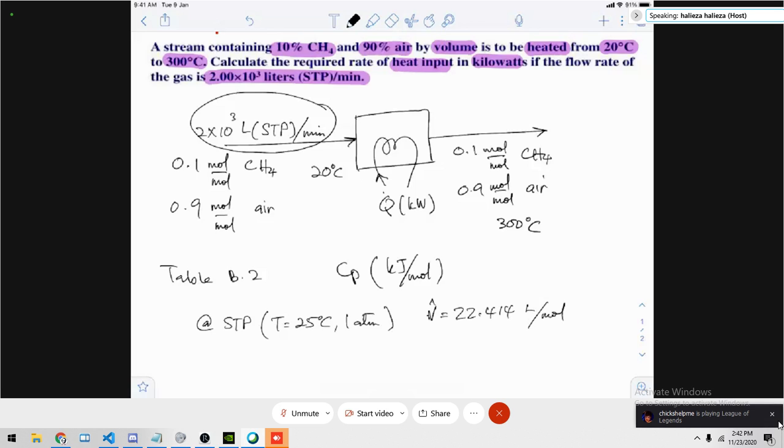That's the specific volume at standard temperature and pressure. So now, knowing that, you're going to change your volumetric flow rate, which is 2 times 10 power of 3 liter at standard temperature pressure per minute. You're going to use that 22.414 liter per mole. When you cancel that, you're going to get mole per minute.